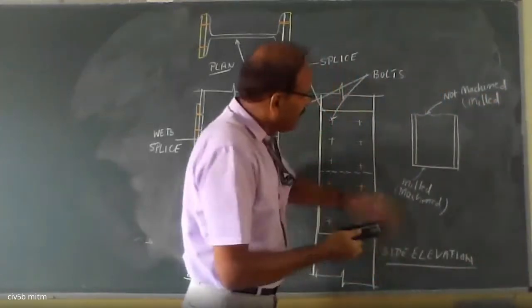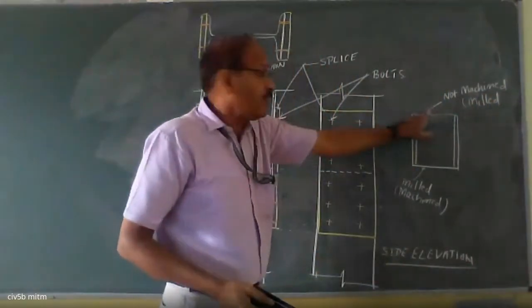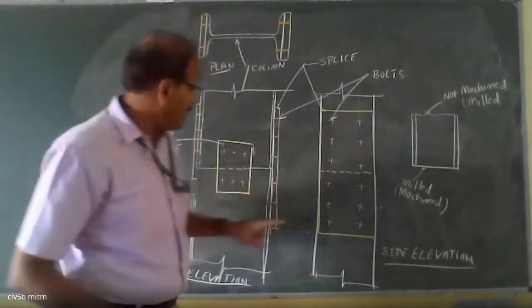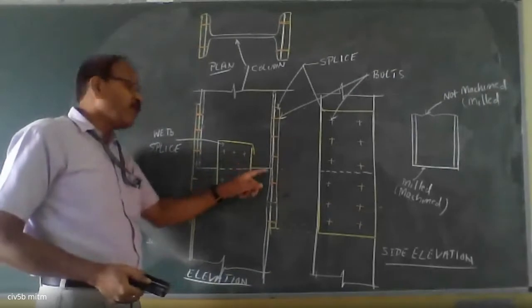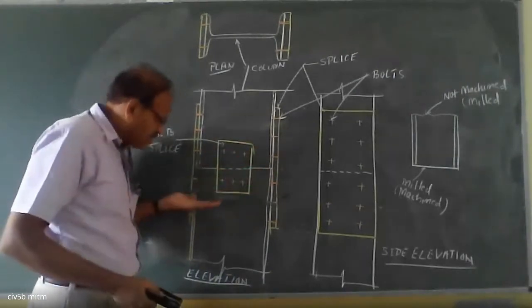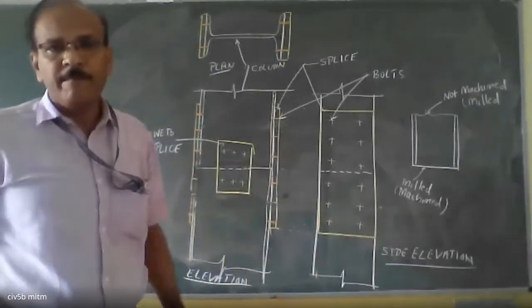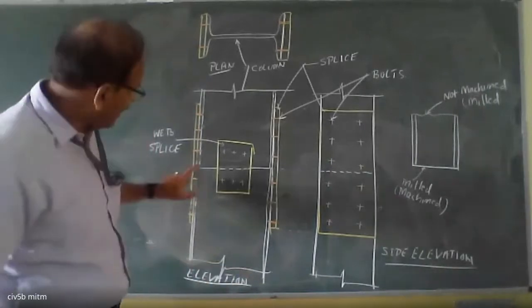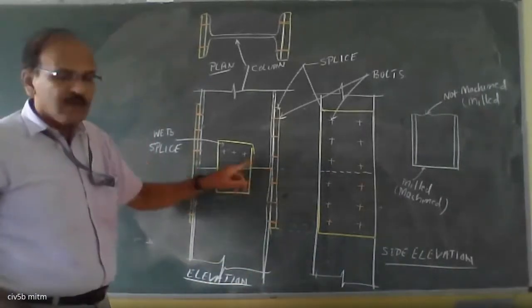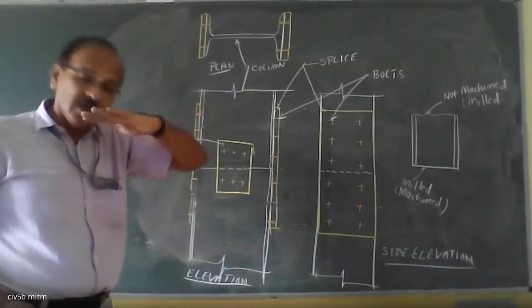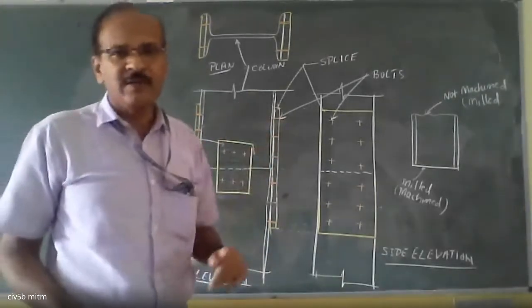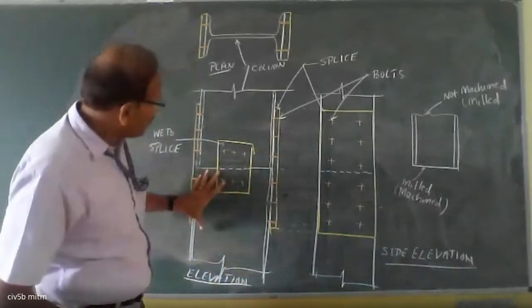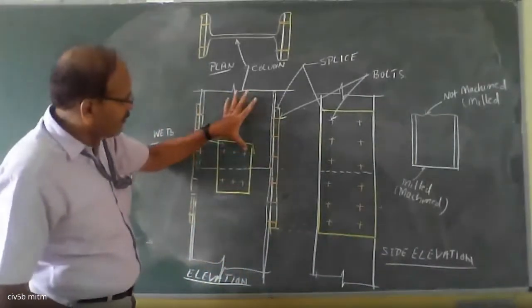If you keep this kind of surface or this kind of end of the I section over this, it will not have full contact with the bottom one, and vice versa. Even if the top surface of the bottom column is not milled, then this will not have the full contact with the top one.